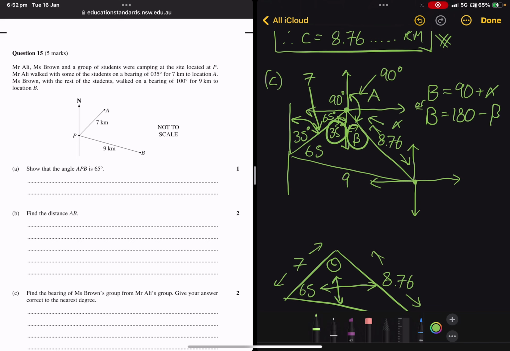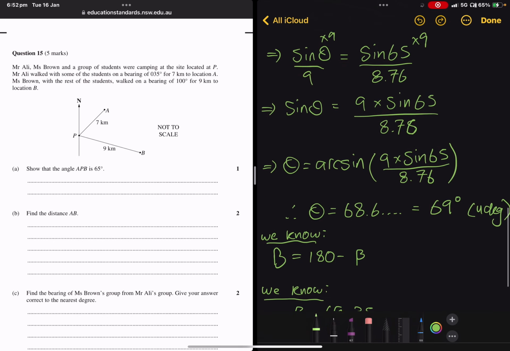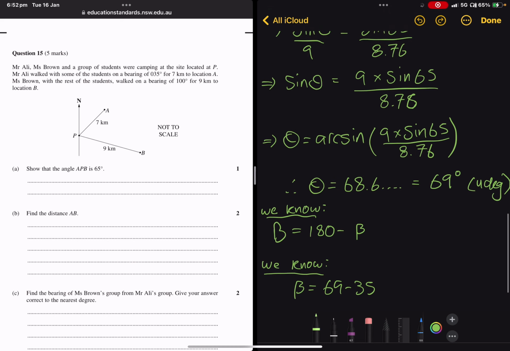The sum of these two is this total angle, which we just calculated as 69, sorry, when rounded to the nearest degree. So this means beta is 34. Given that beta is 34, the bearing is going to be 180 minus 34, which is 146 degrees, and this is also to the nearest degree. And this is the answer.